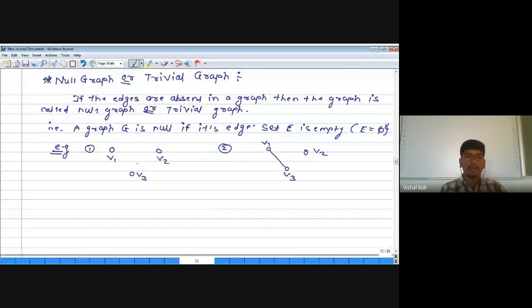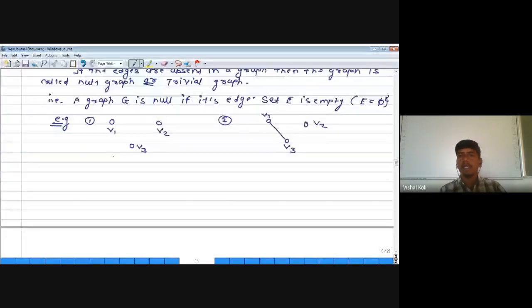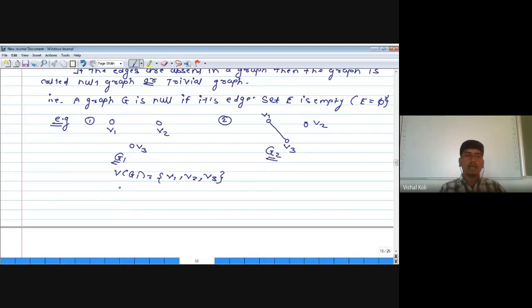Now here, this will be the graph G1 and this will be the graph G2. Now we have to see whether G1 is a null graph or not. Here in graph G1 there are three vertices, that is, the vertex set of G1 contains V1, V2 and V3, and as there is no edge in graph G1, the edge set of graph G1 will be empty.